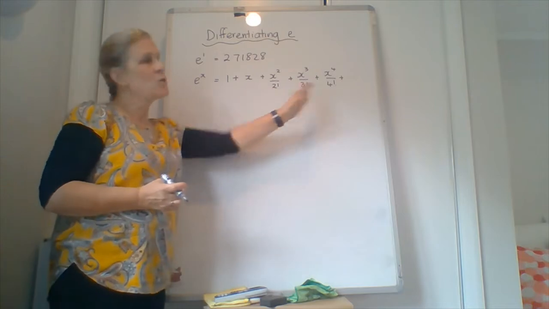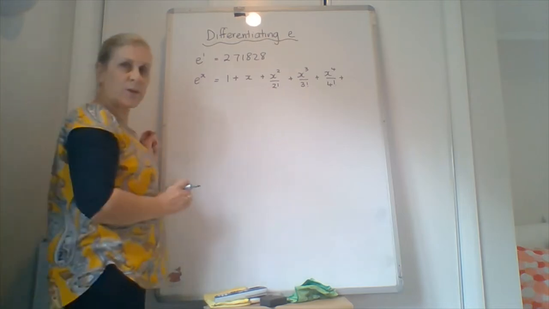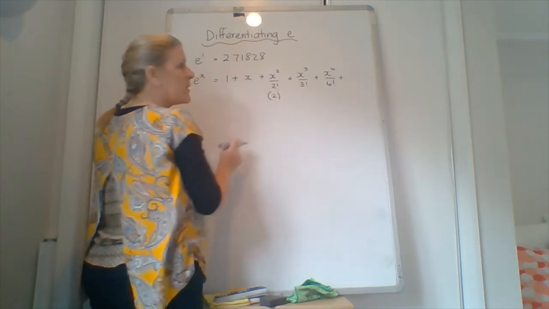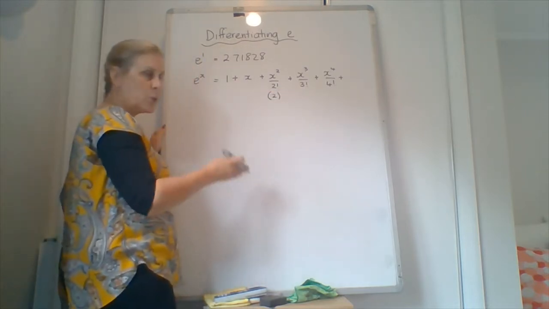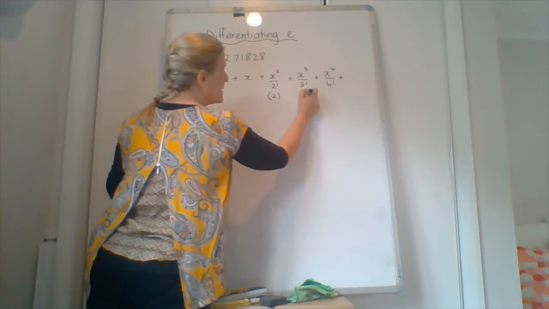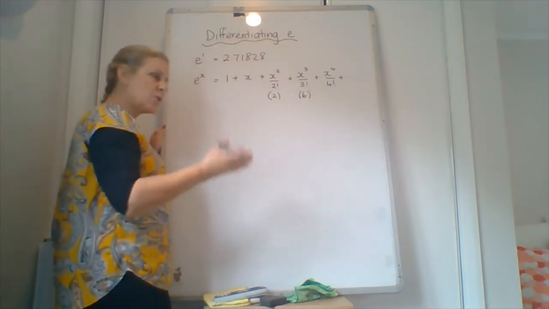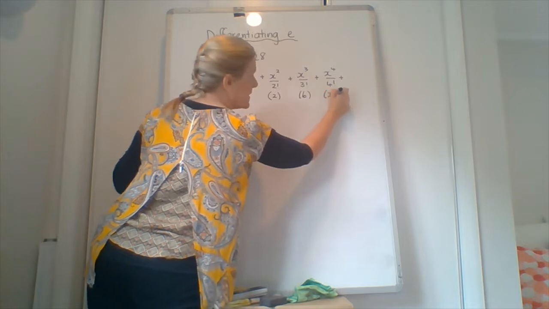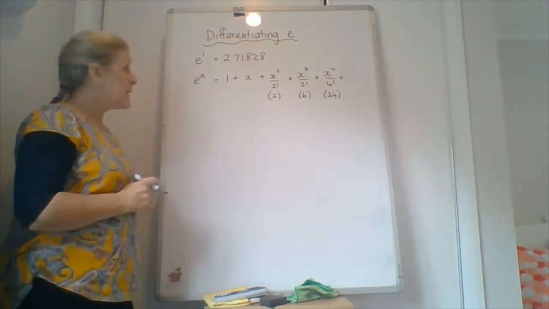If you don't know what 2 factorial is, 2 factorial means 2 times 1, so that one is 2. 3 factorial is 3 times 2 times 1, so that's 6. 4 factorial, 4 times 3 times 2 times 1, that is 24, etc. Okay?